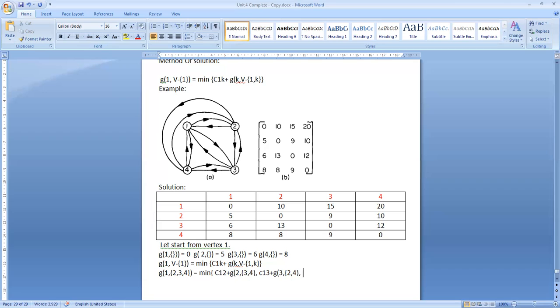Or from vertex 1 I can go to vertex 4, then from vertex 4 go to the remaining vertices: C1 4 plus g of 4 comma {2, 3}.